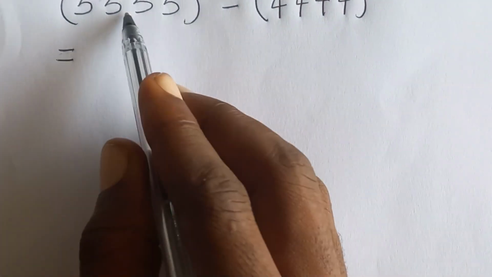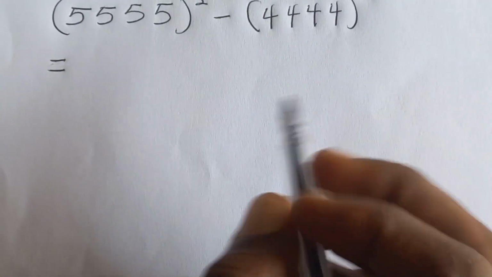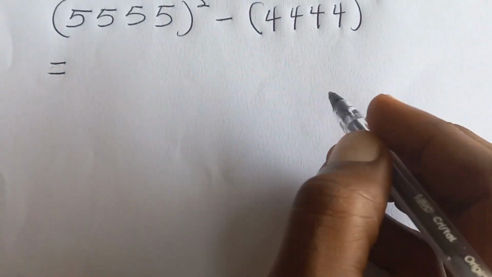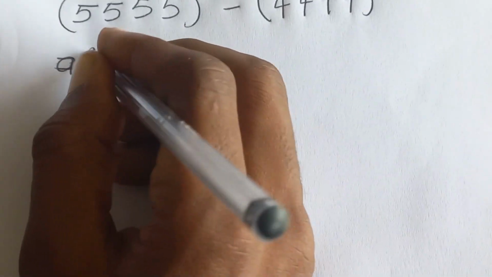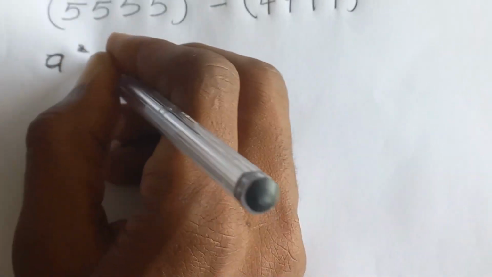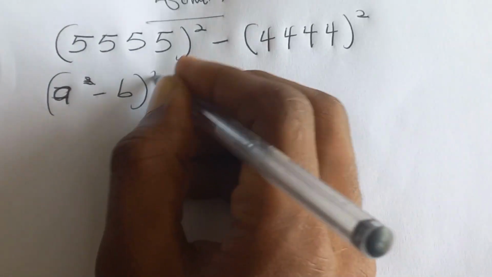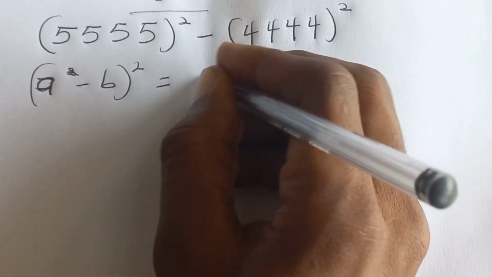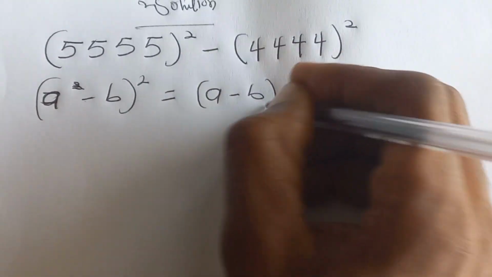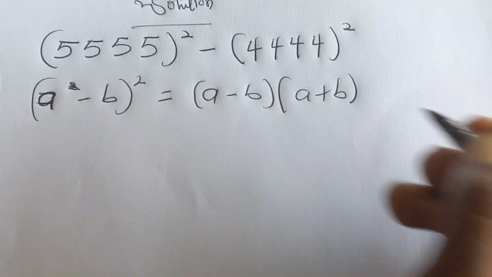With this, I have squared here. In algebra, we have a minus b all squared... sorry, let me write it as a squared minus b squared is equal to a minus b, bracket, a plus b.